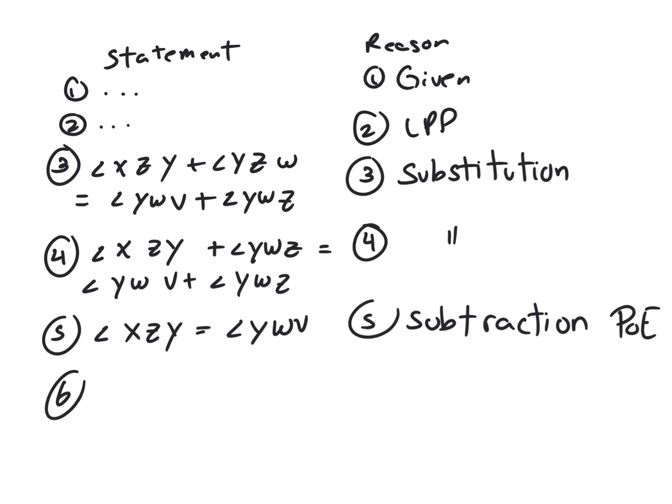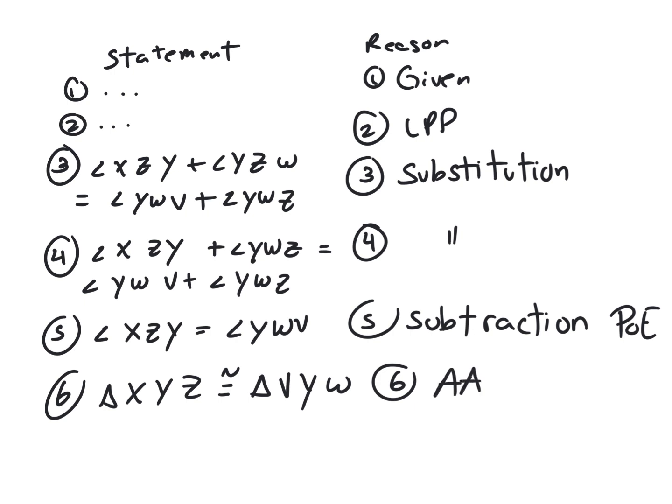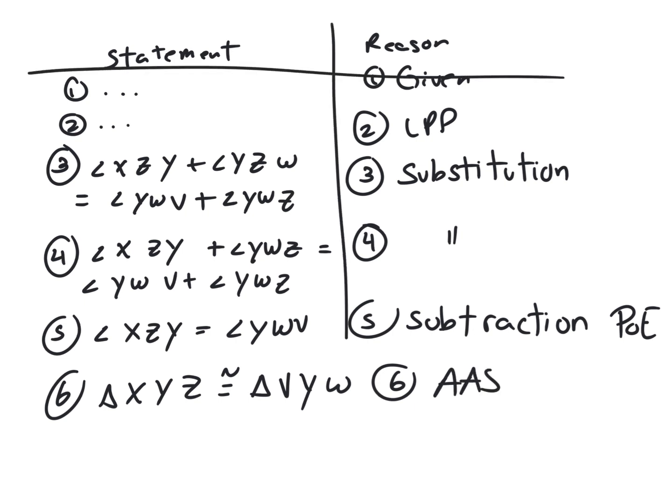And the last step is what we want to prove: triangle XYZ is congruent to triangle VYW by the angle side. So here we proved that that angle that I mentioned earlier was congruent, angle XZY and angle YWV, by doing substitution twice and by doing the subtraction.